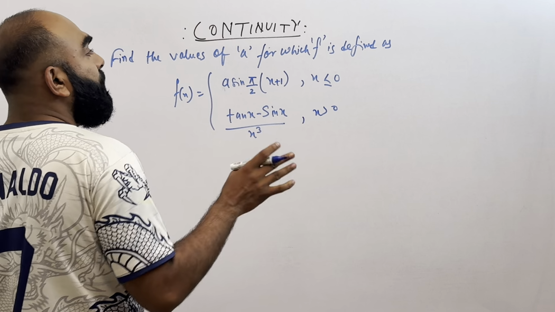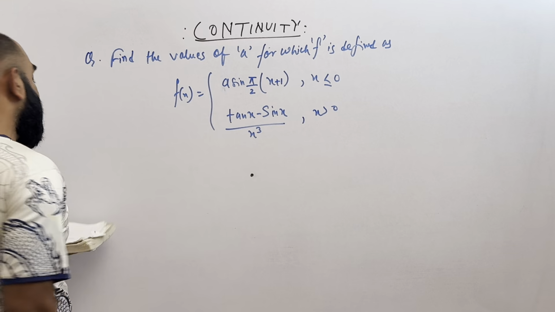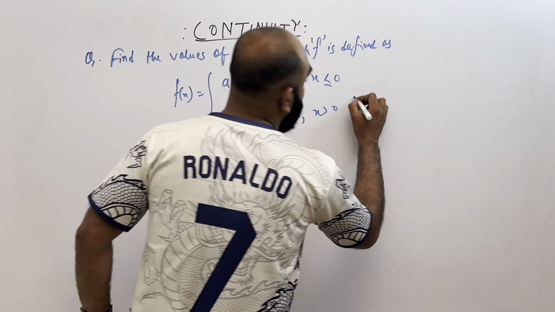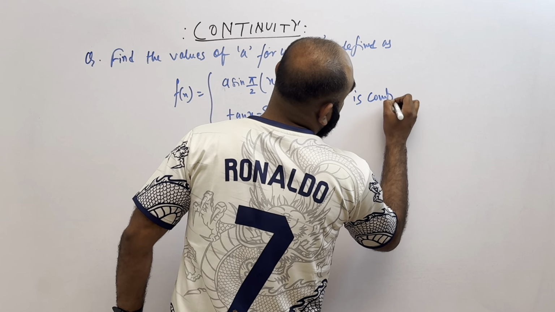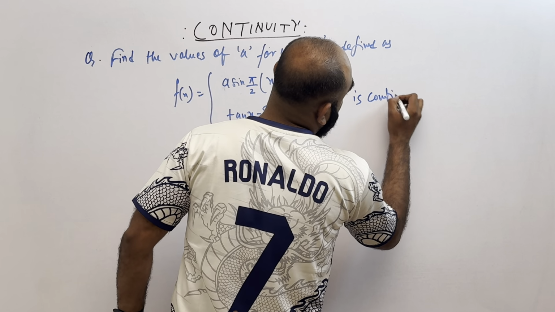So find the values of a for which the function is continuous at x is equal to 0, and this is also your PYQ.